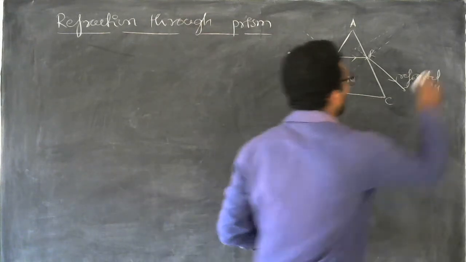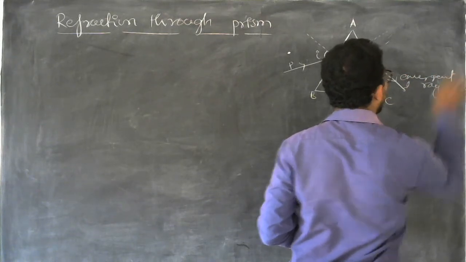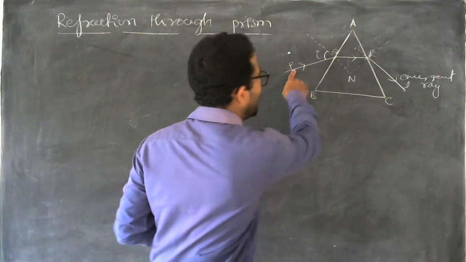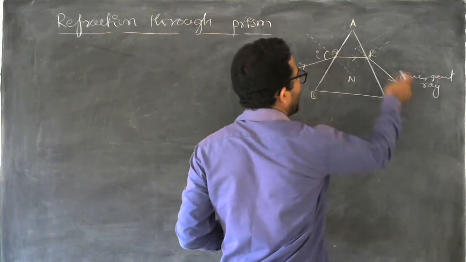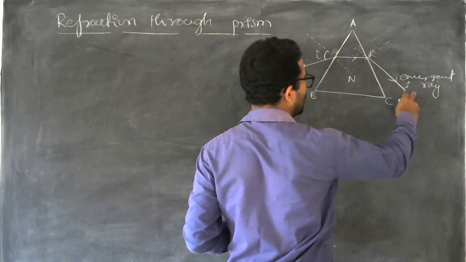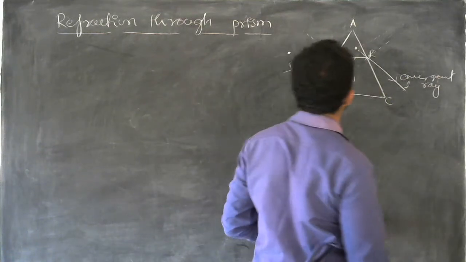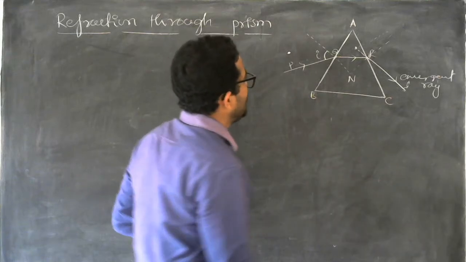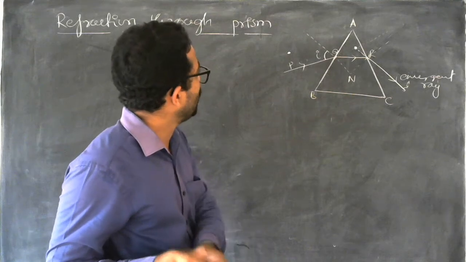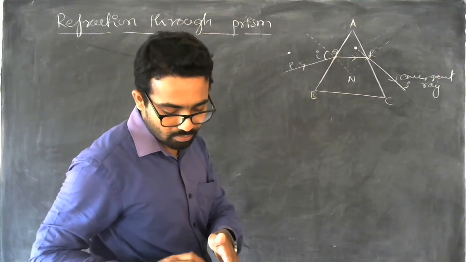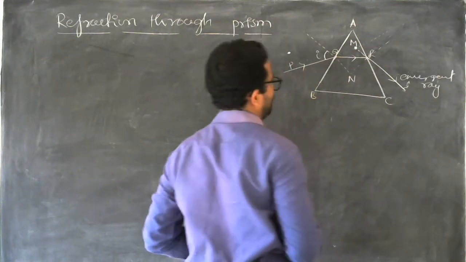That's why it is also called the emergent ray. Incident ray, refracted ray, or emergent ray. So if I produce the emergent ray backward, it will meet at one point. It will meet at this point. Let me denote that point as M.